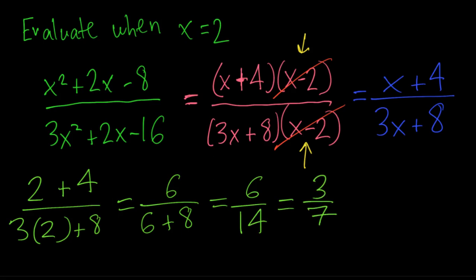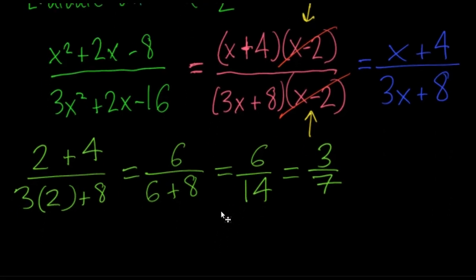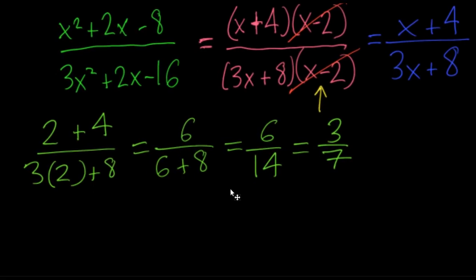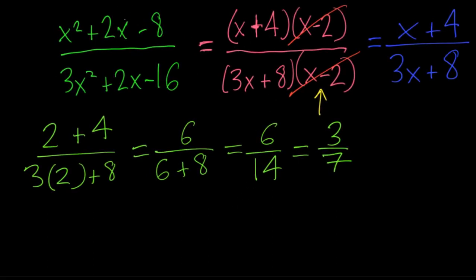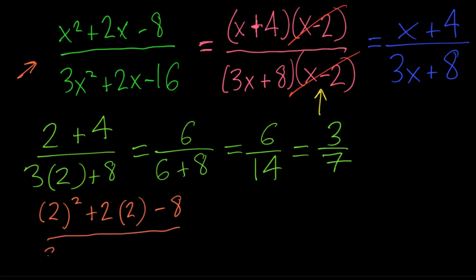Now let me show you a common mistake that a lot of students will make. Without factorizing, they will automatically plug in 2 to this right here. Let's see what happens when we do that. We'll do 2 squared plus 2 times 2 minus 8 over 3 times 2 squared plus 2 times 2 minus 16.